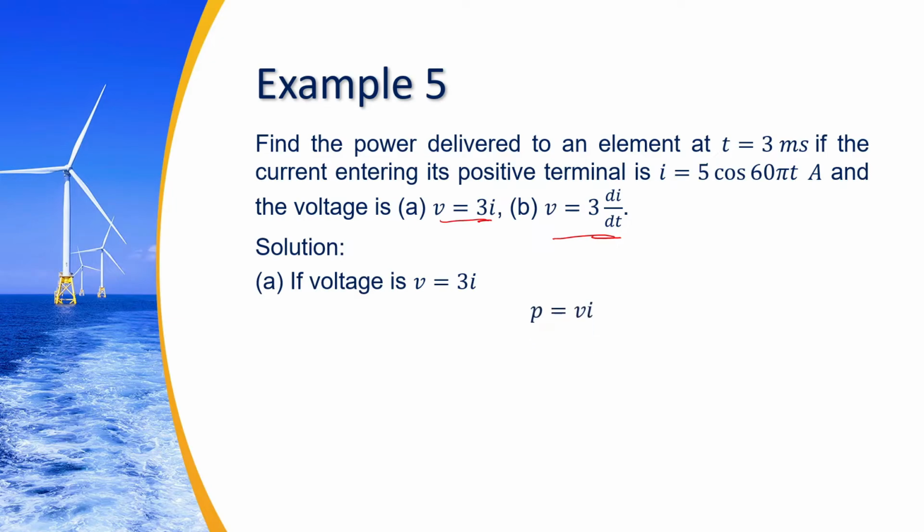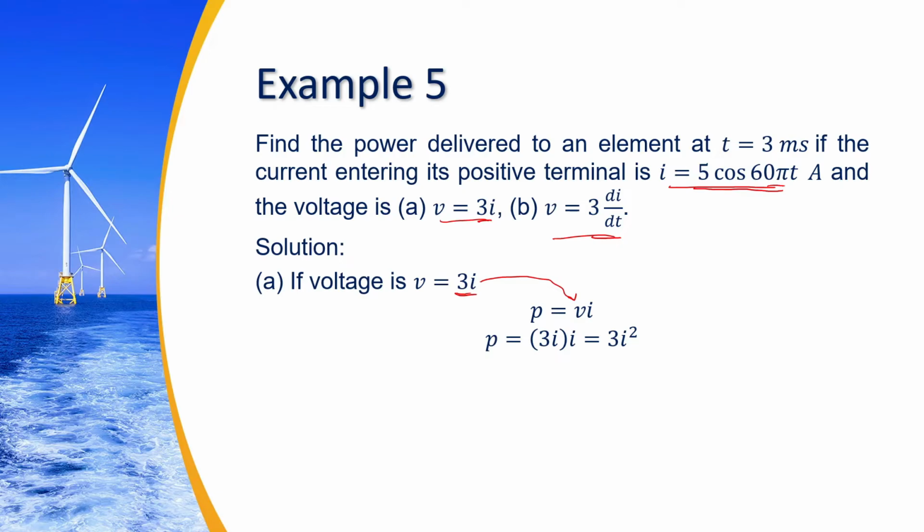So, if voltage is 3i, ano kaya yung power? So, alam natin na ang power is equal to VI. So, meron tayong VI kasi ito yung V na gagamitin natin. Yung current is ito. Okay? Pero, bago natin sila i-substitute, unahin muna natin itong VI.